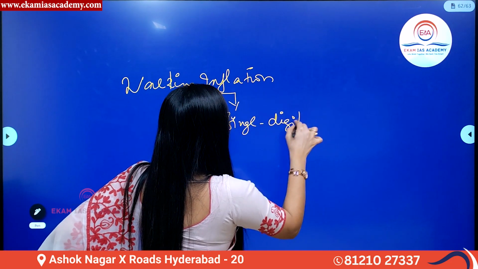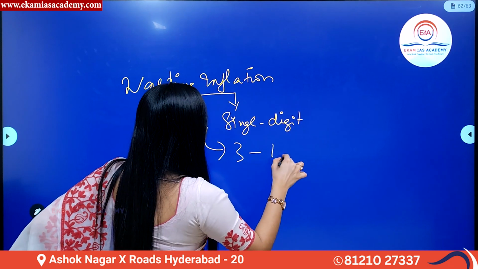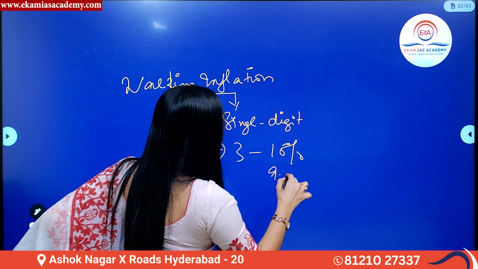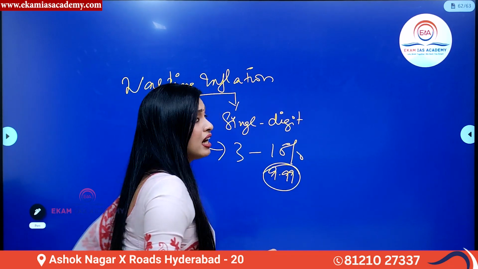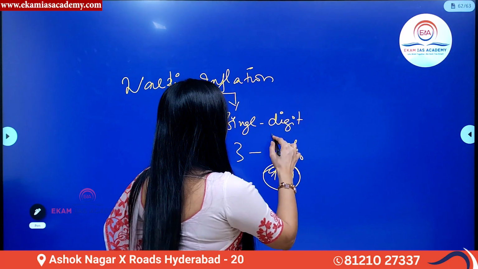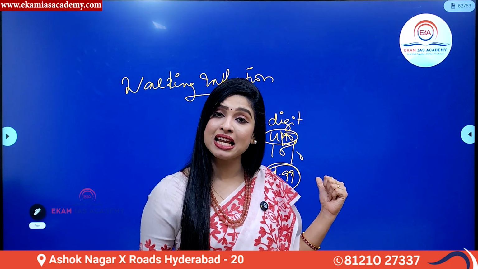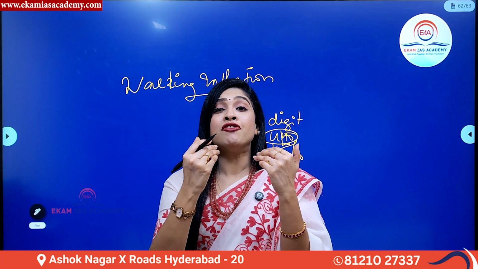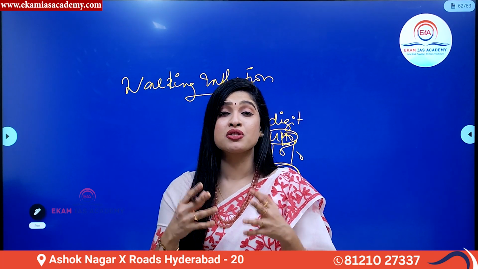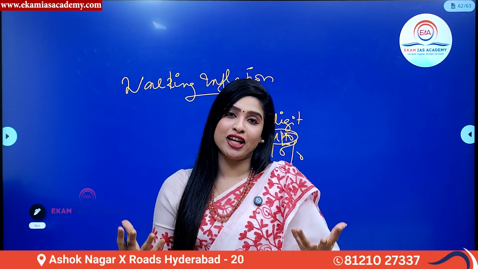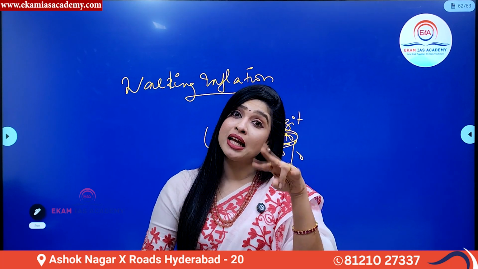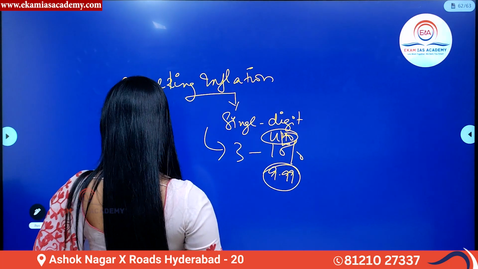You can see the price range is what? 3 to 10%, which means up to 9.99% is allowed, but not 10. You understand? So now if you don't control inflation at this level, then walking inflation can give rise to something called as running inflation, which is none other than double-digit inflation, which is very, very dangerous.